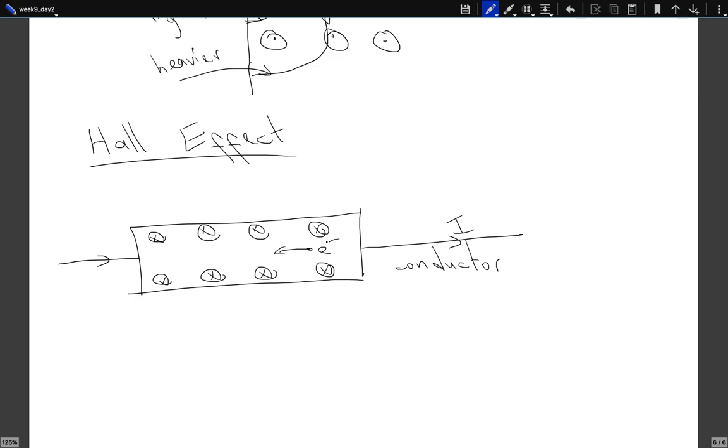What is the direction of the magnetic force acting on these electrons? Upward or downward? What is the direction of V cross B? Let me see your right hands.